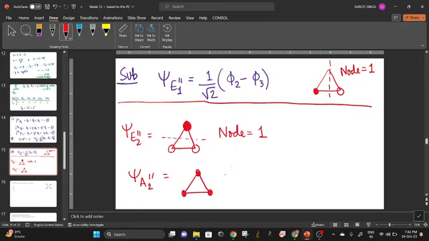So here nodes is equal to 0. The one which has the least number of nodes is said to be the lowest energy. So this is of the lowest energy.